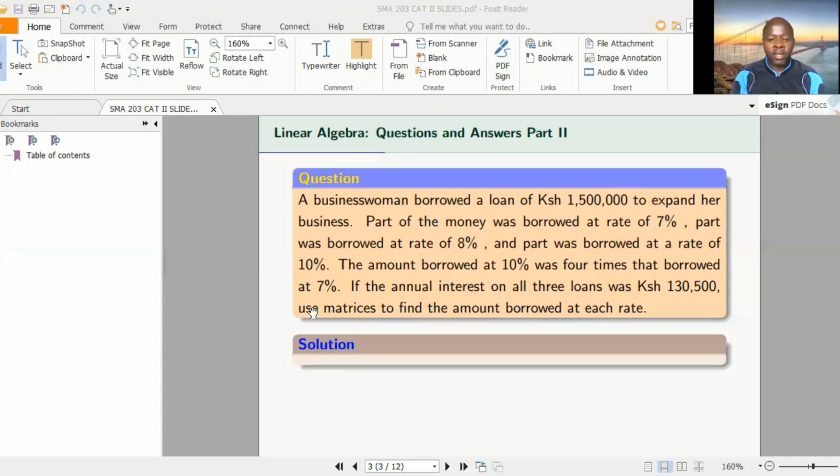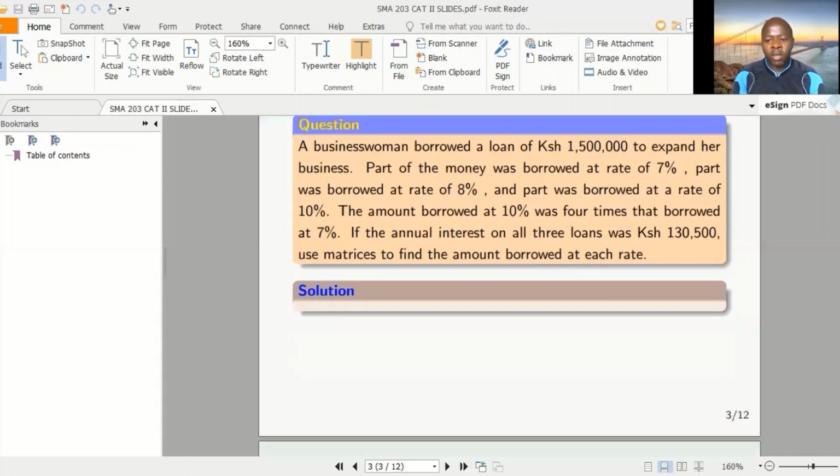And the question is saying to use matrices. So when you find this question, the most important thing is to extract the information that you get. I've seen that this money was borrowed in 3 parts. There was one borrowed at 7%, another part at 8%, another part at 10%.